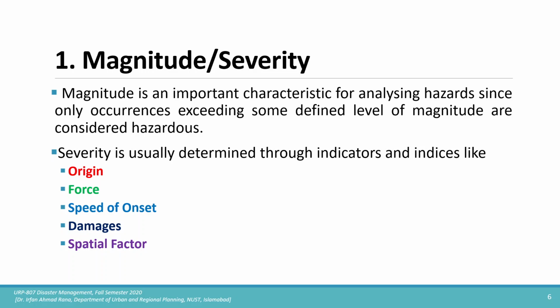It is generally accepted in the scientific community that the frequency of low magnitude events is high, while the frequency of high magnitude events is low.